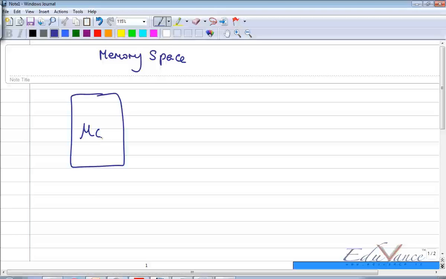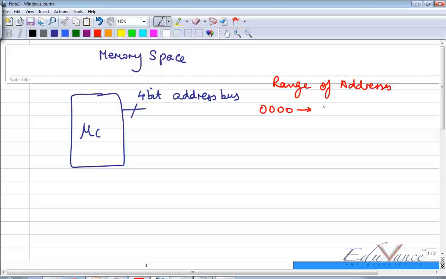If I have a microcontroller which has a 4-bit address bus, meaning there are 4 address lines here, the range of addresses can go from 0000 to 1111. So in totality we can access 16 different locations.